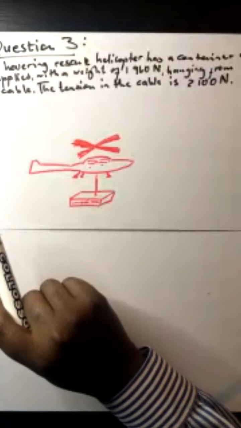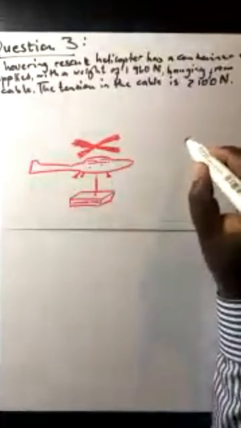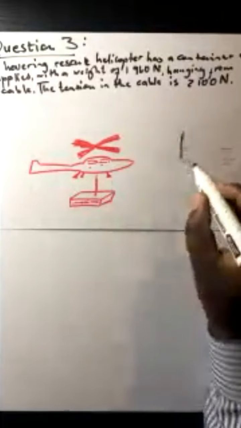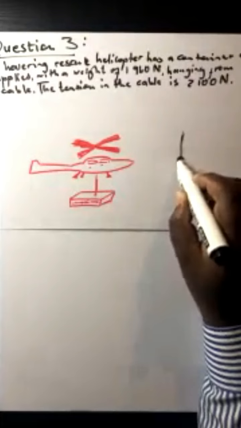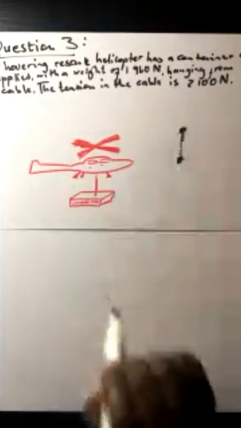The tension in the cable is 2,100 newtons. So remember, guys, the cable is attached to both the container and the helicopter.